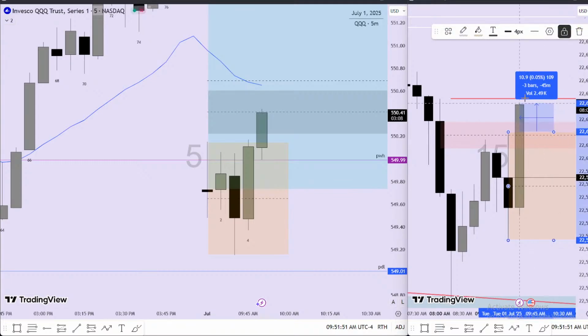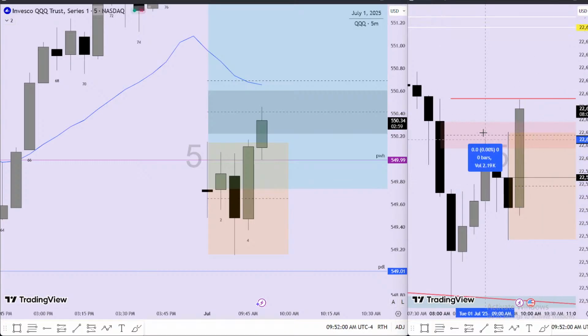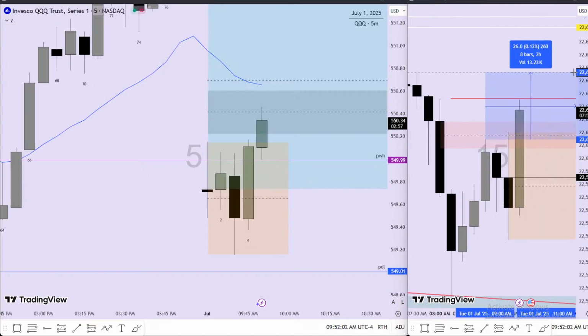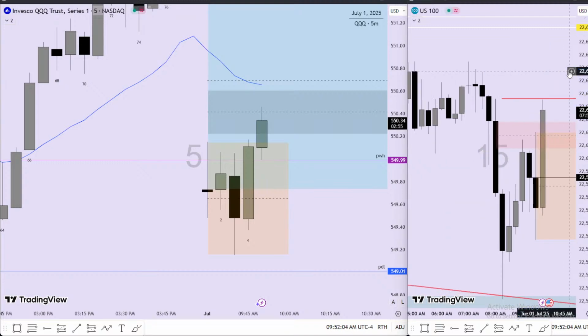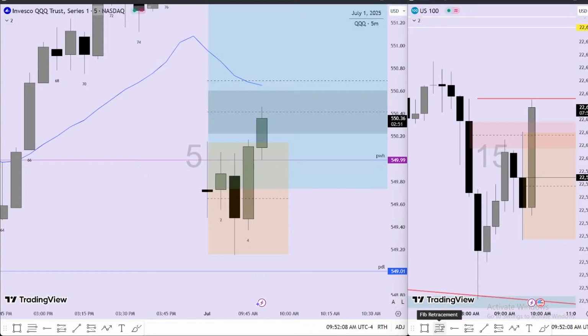So far, the range has given us like 11 points, risking about 20 points. So this would be the one-time risk.